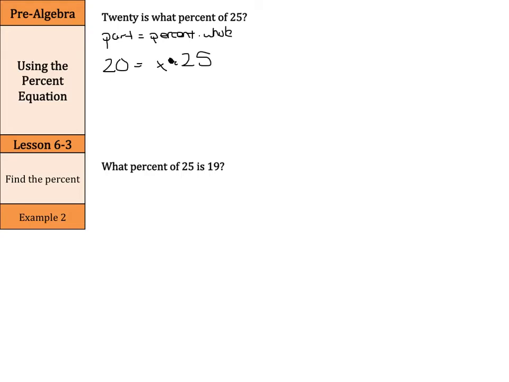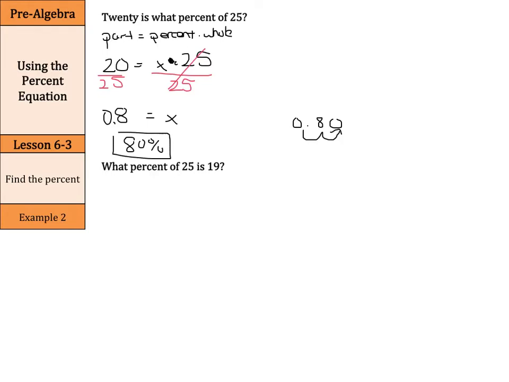Now we need to solve for x, so divide by 25 on both the left and the right sides, so it cancels on the right. And your result is whatever 20 divided by 25 is, and that is 0.8 equals x. Now let's get that into a percentage form for our answer. If we take our 0.8 and move our decimal point 2 spots to the right, that becomes 80%. Not 8%, but 80%.